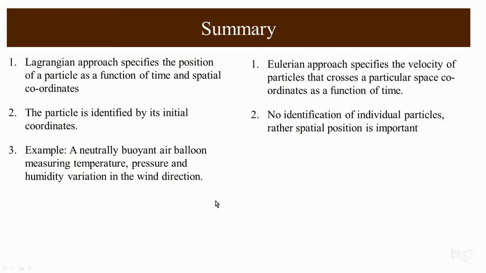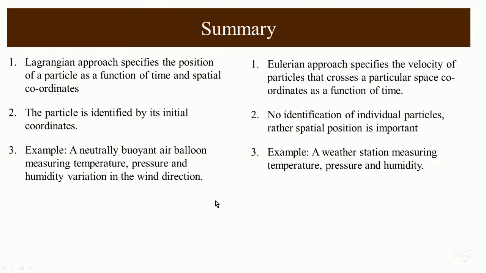An example is a neutrally buoyant air balloon measuring temperature, pressure and humidity variation in the wind direction. The neutrally buoyant air balloon moves with the wind, so you measure the temperature, pressure and humidity, maybe for weather prediction. Similarly, a weather station measuring temperature, pressure and humidity at a particular place is an example of the Eulerian approach.